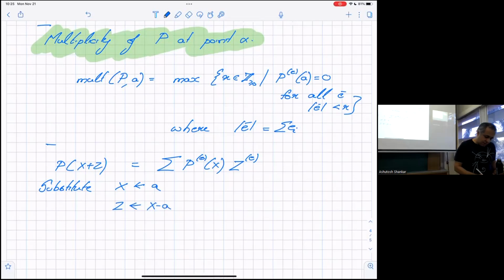What will we get? We get P of x equals the summation of p_E at the point a, times z to the E.